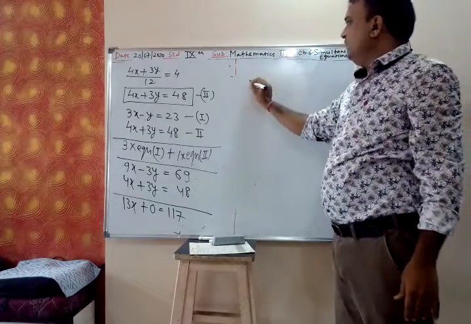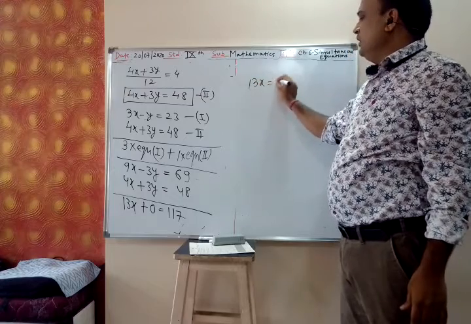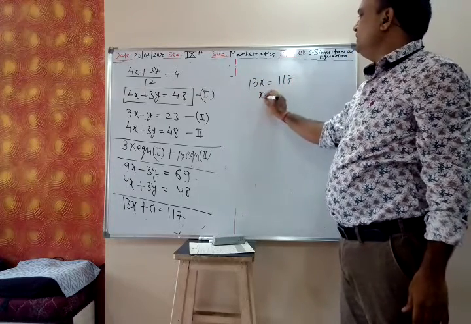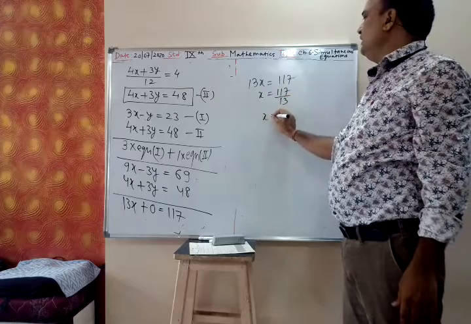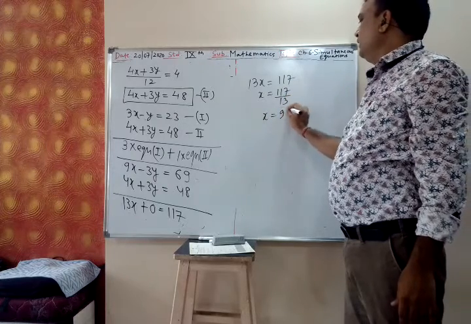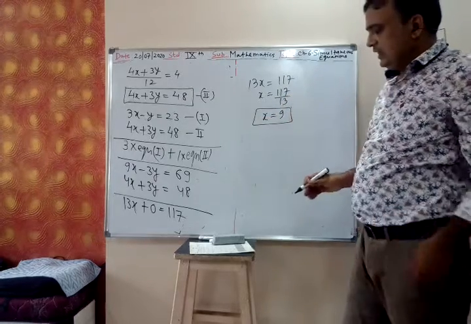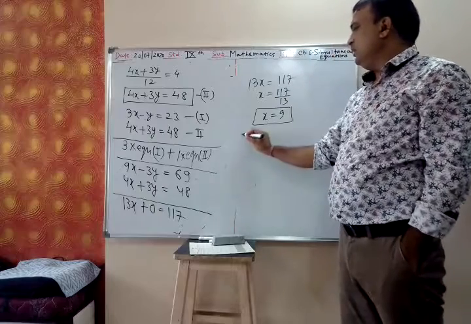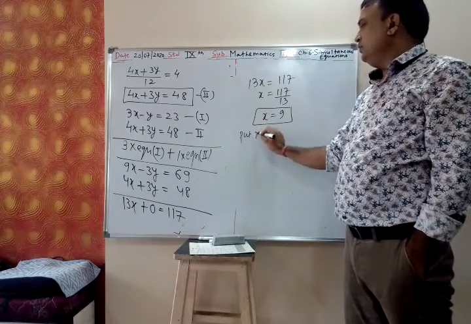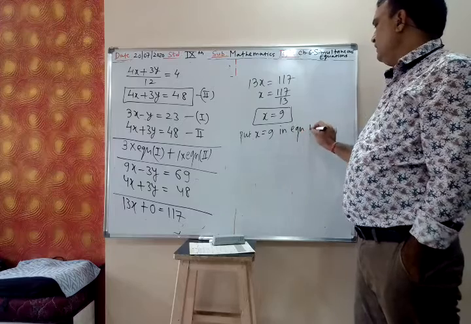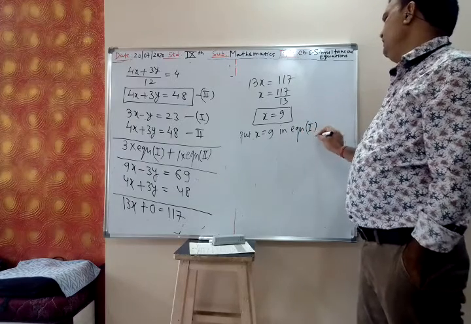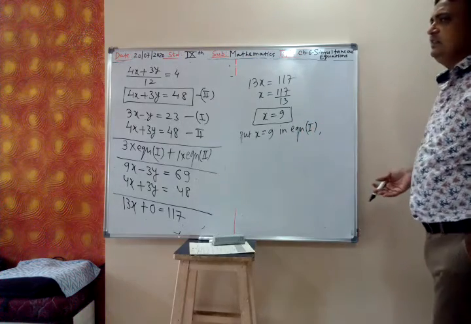So you will get 13x is equal to 117. So x is 117 upon 13. So x is 9. Now put the value of x in either equation 1 or equation 2.